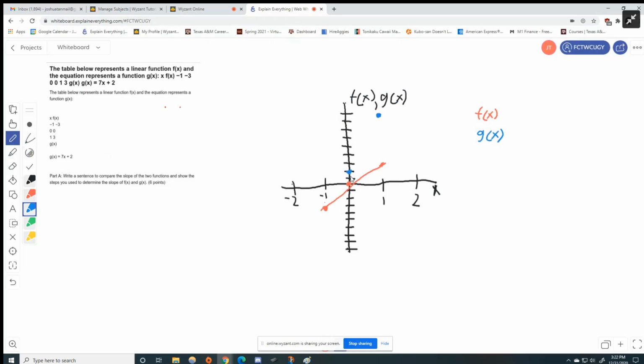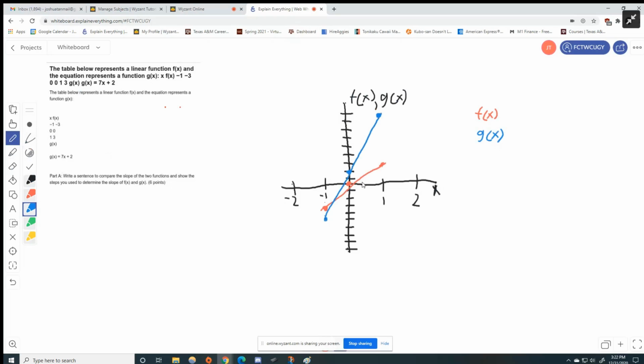So from here, 1, 2, 3, 4, 5, 6, 7, and then go across 1. So this will be your g of x.